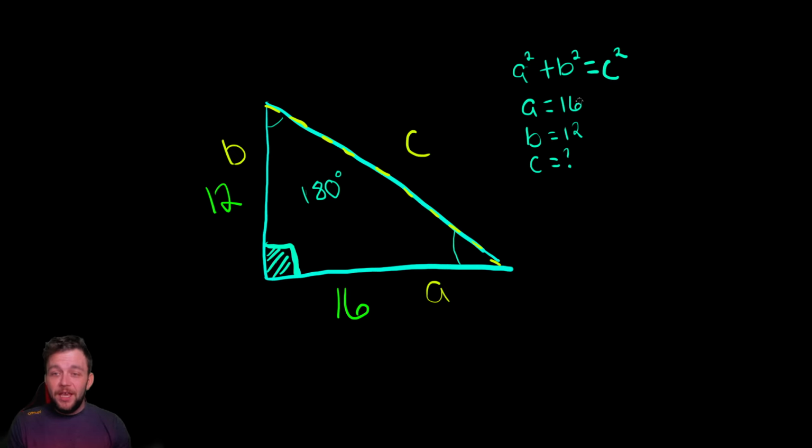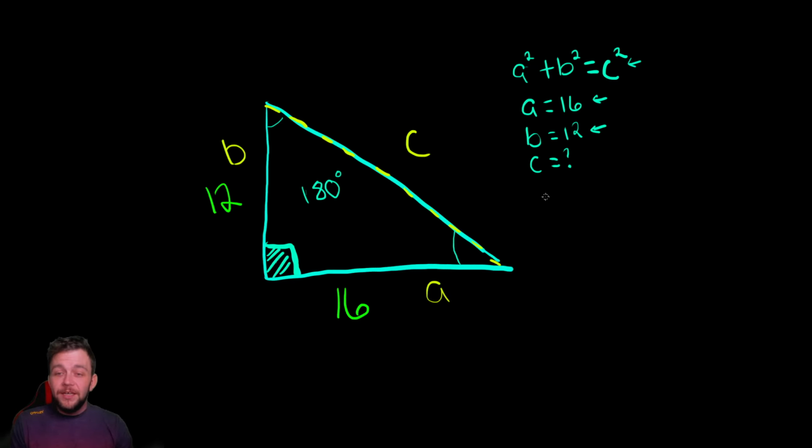So we have our a squared plus b squared equals c squared. Those are variables and exponents. We're given two variables, so we can solve for the third variable. What we do is we just plug in.